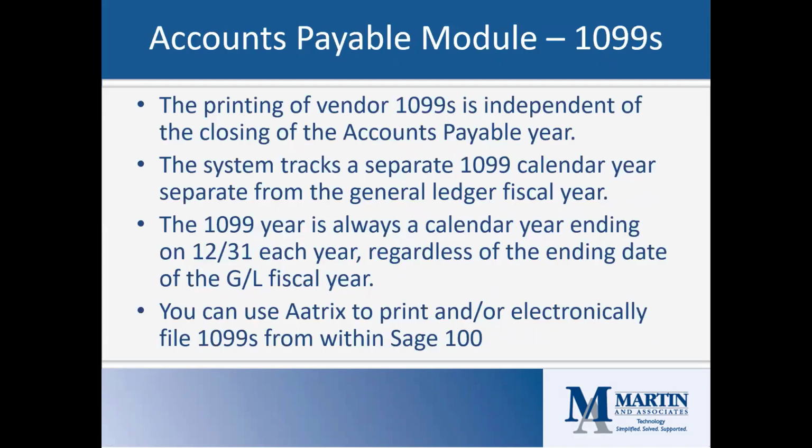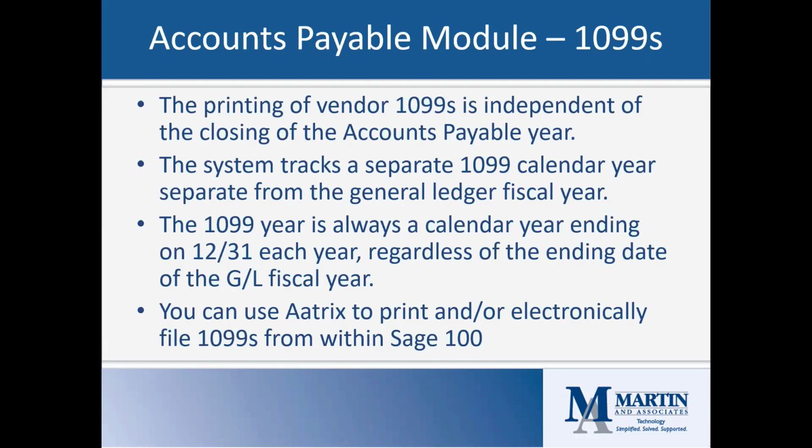Okay, 1099s. So the printing of your vendor 1099s is independent of closing of the accounts payable year. You may do it as part of the 12/31 year-end period close, but they're not tied together.